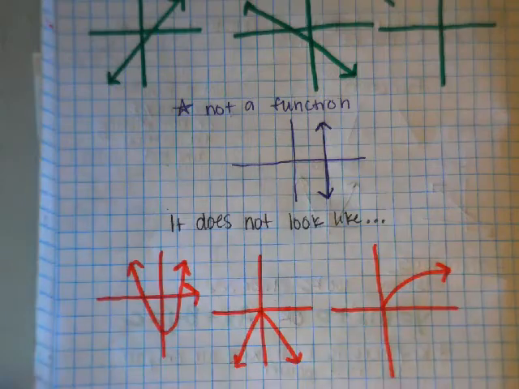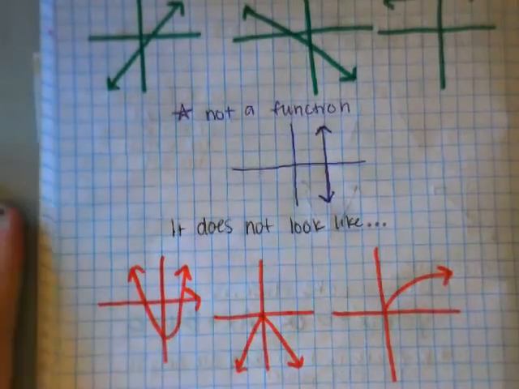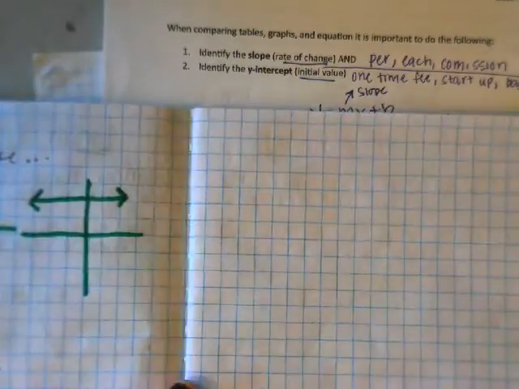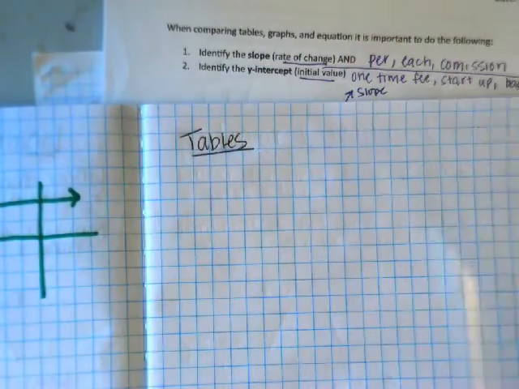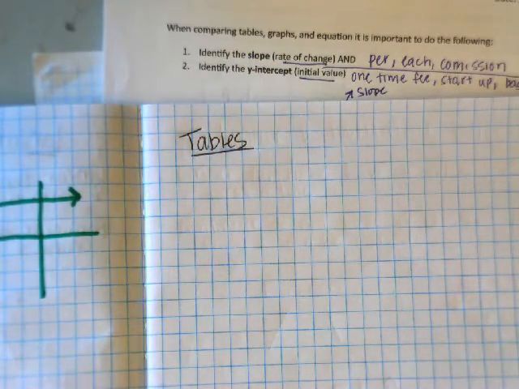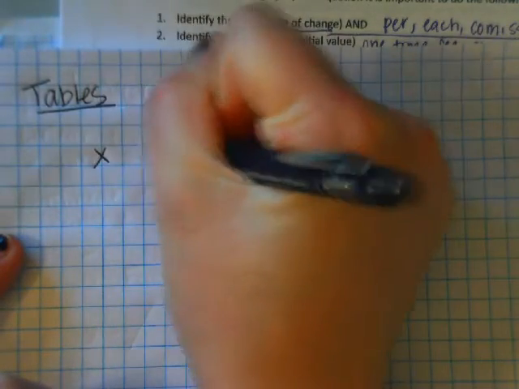Tables are not tricky, but you actually have to do something to determine whether they're linear or nonlinear. So for tables, we have our X, we have our Y.